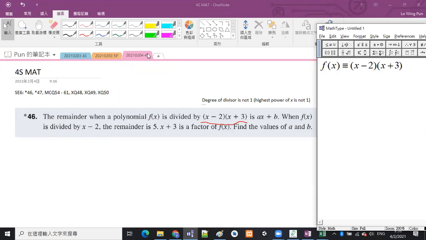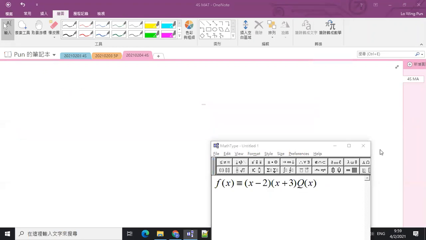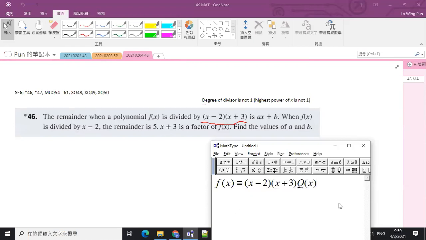Now, here I want to teach you a way of writing. Before, if we did not know the quotient, I would just write the word "quotient". But if we write it formally, we turn it into Q(x). The quotient Q(x) is a function of x, a polynomial of x, but we do not care what it is. And then plus the remainder.